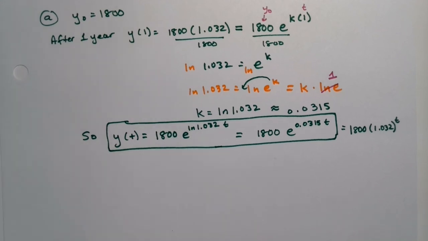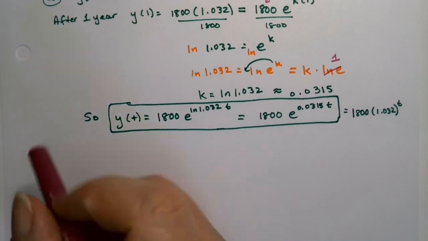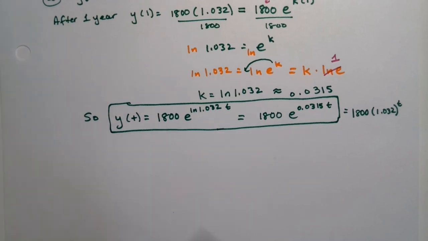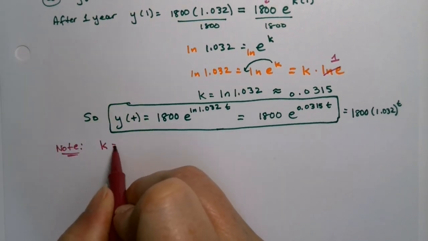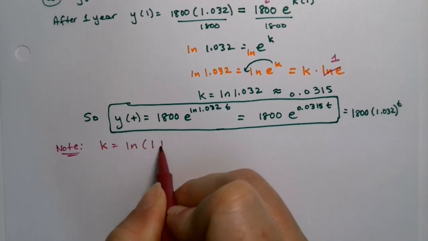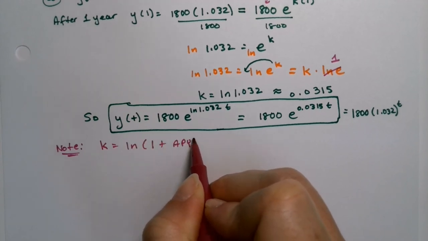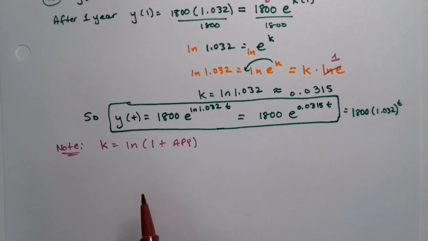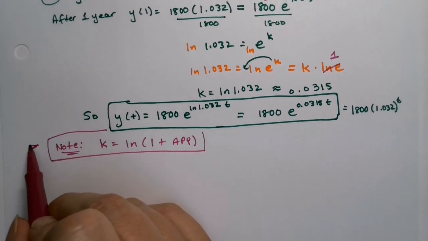All right, so we can make a little note. So the natural log of 1 plus whatever your percentage yield rate is. Little note to ourselves.